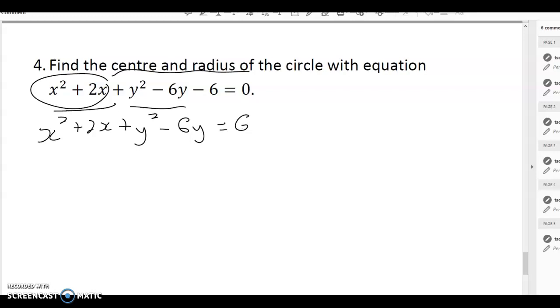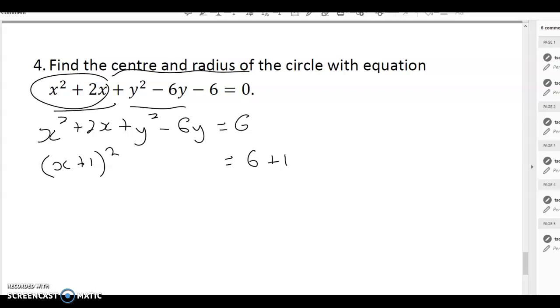Now I'm going to complete the square in the first bit. So that is the same thing as (x + 1) all squared. And the extra value that I'll add to the other side to balance it off will be a 1. So over on this side it's going to be 6 plus another 1.